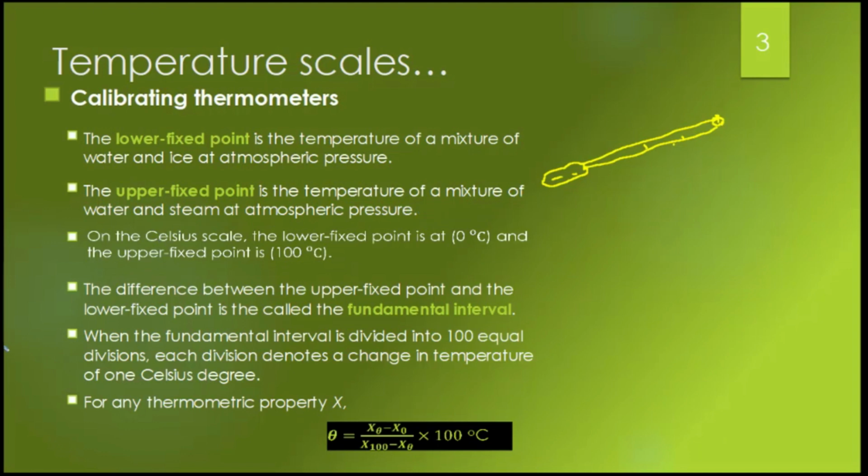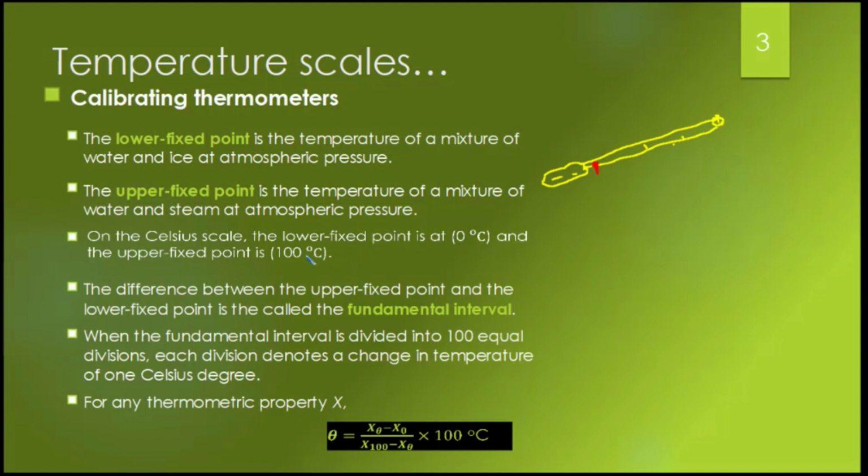So it therefore means that if we construct a new thermometer, we put it in a mixture of water and ice, where the mercury level stops rising, we mark that as the lower fixed point.